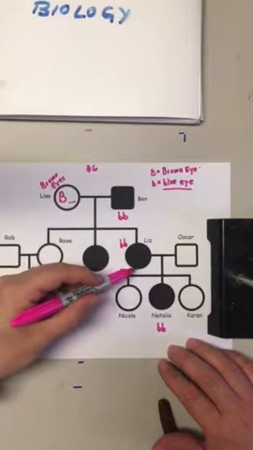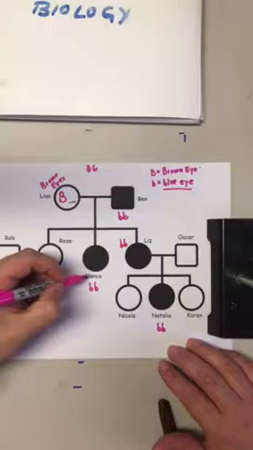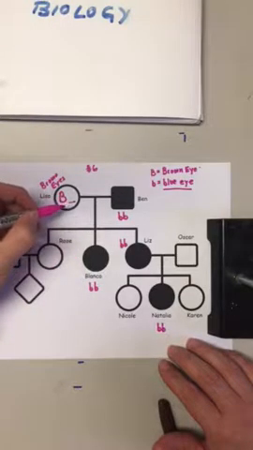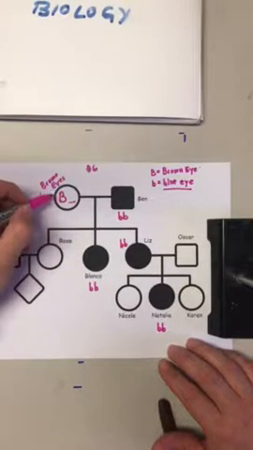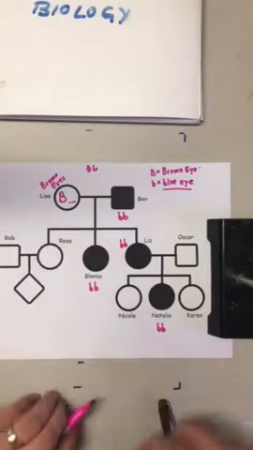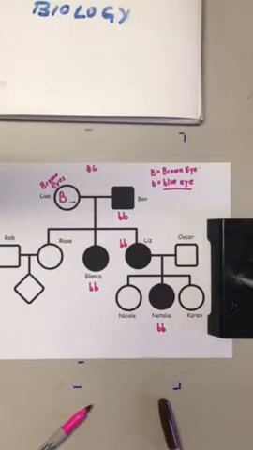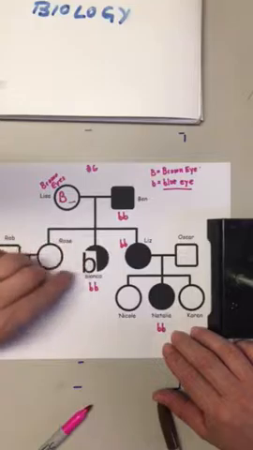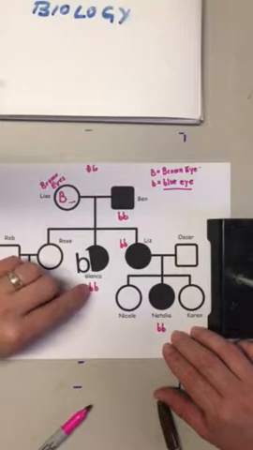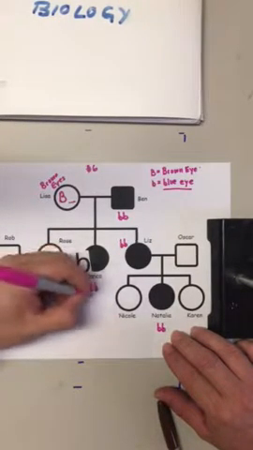Well, remember, that's why we need to look at the children. Blanca is Lisa's daughter. So that means that Lisa had to give Blanca one of her little b's. She has 2, and one has to come from mom.